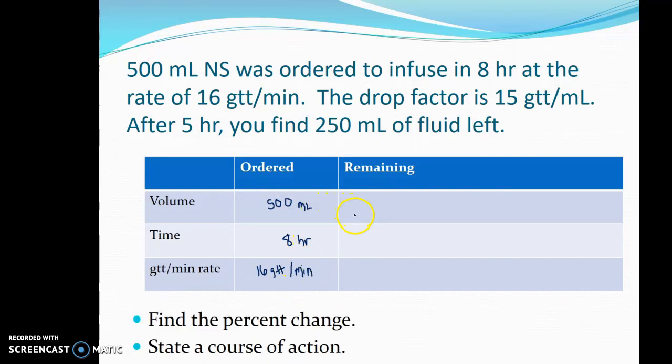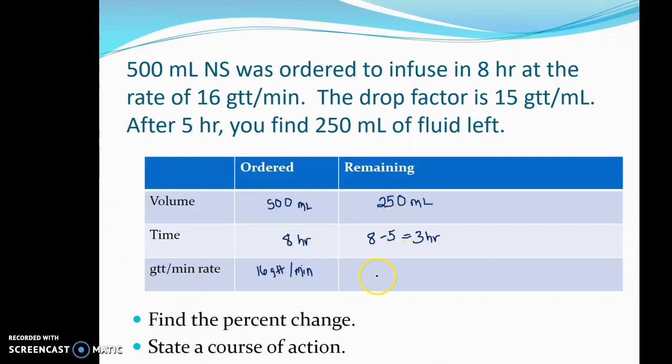Now I jump down to the last sentence, after 5 hours. So if I take 8, subtract 5, that means that there would be 3 hours remaining. You find that 250 milliliters of fluid is left, so it actually tells me the amount that remains is 250 mLs.